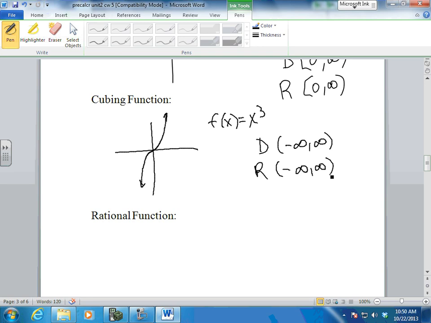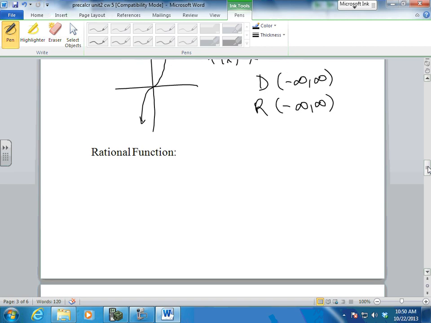Okay, now your rational. This one, I don't think you did in Algebra 2. You did those 4 in Algebra 2, but this one's a little bit different. This one is a rational function, and you looked at rationals. We said they had fractions. Now, from your domain restrictions, you know that a denominator cannot be equal to 0.